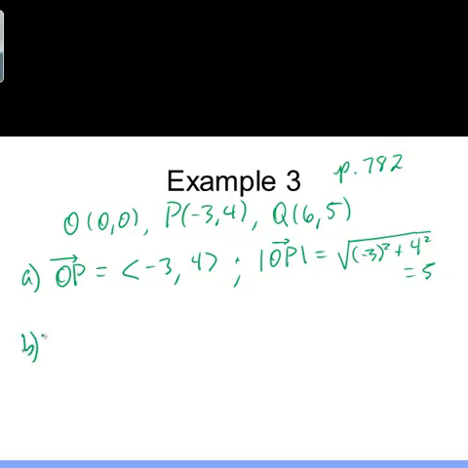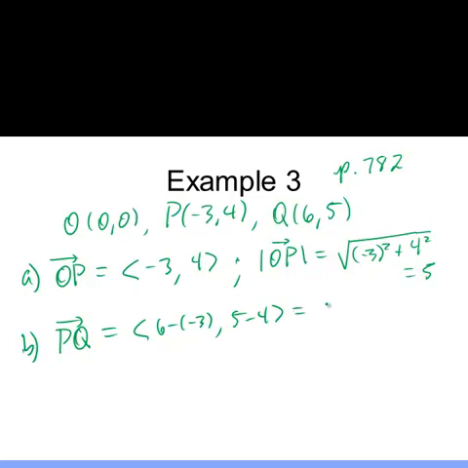All right, for part B of this example, we have the vector that goes from P to Q. Now, going from P to Q, we're going to take the coordinates of Q minus the coordinates of P. Now, we're going to go 6 minus -3, comma, 5 minus 4.